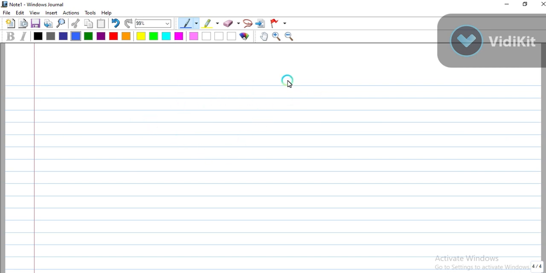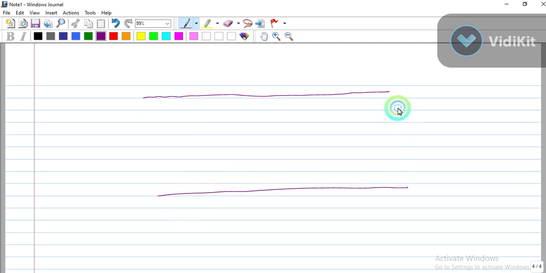So let's take a fine pen, and this color we can take. Okay, so this is a MOSFET. I'm making a MOSFET structure.